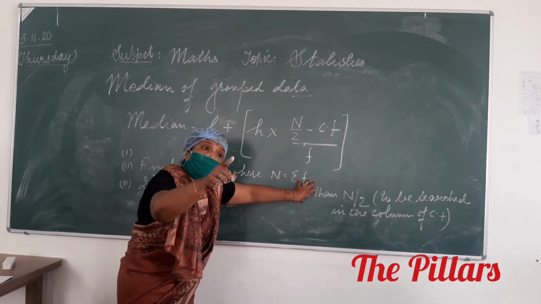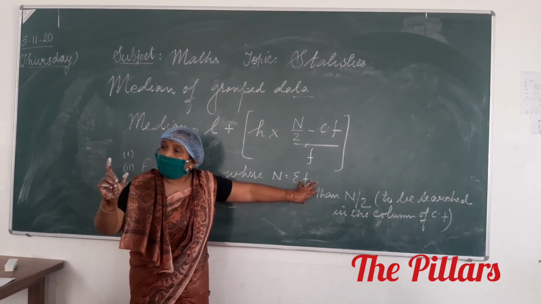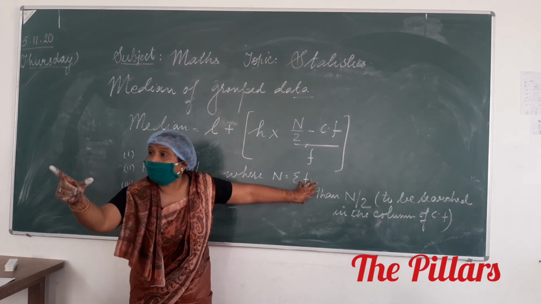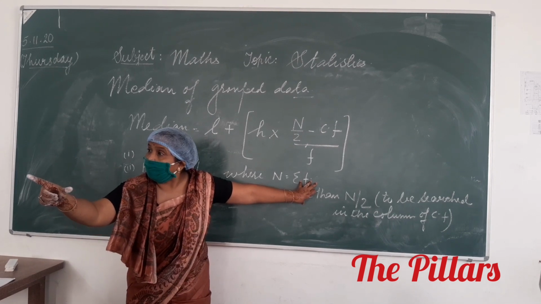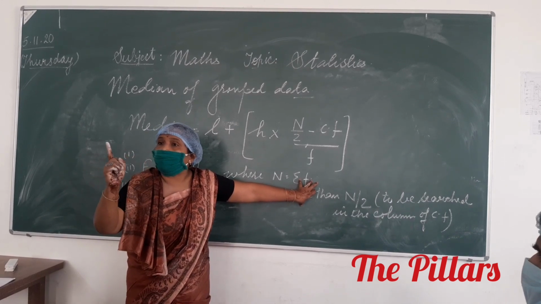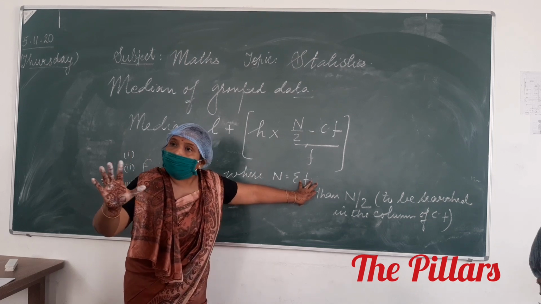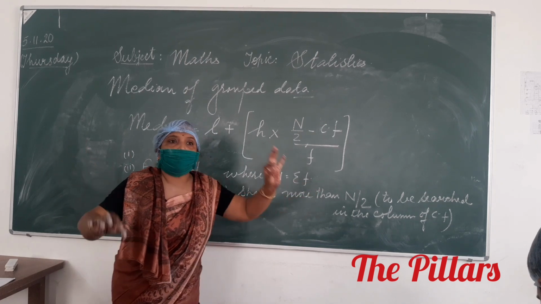How? You go to the cumulative frequency column where you will find the number more than N by 2. More than N by 2. And that class will become your median class. Clear to all? Now we will do one question.